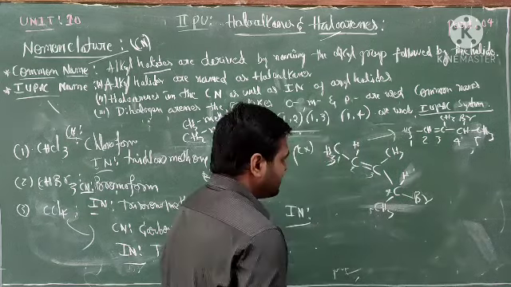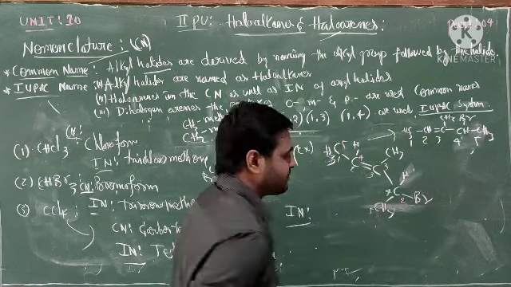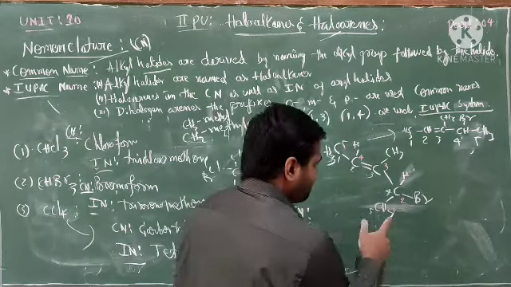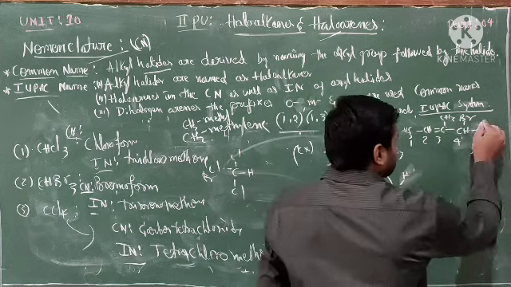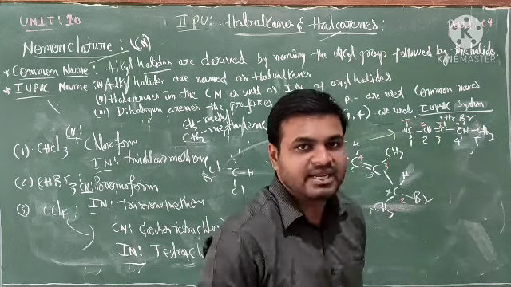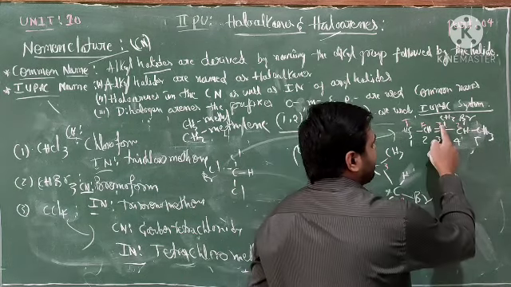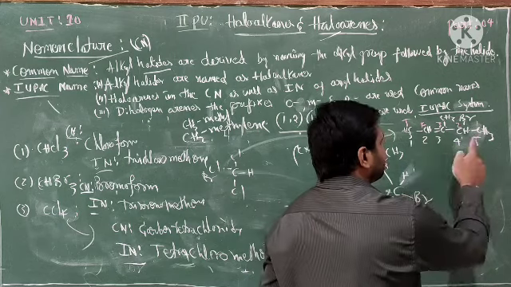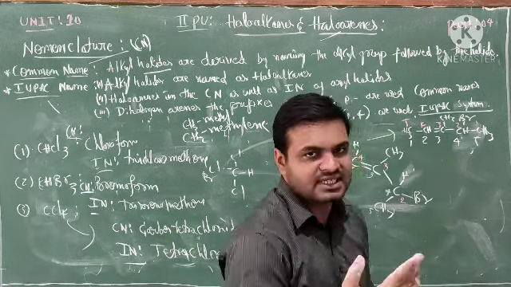Numbering this other way, 1, 2, 3, 4, 5, is the wrong way, because the double bond carbon gets number 3. But numbering left to right, the second carbon atom gets the lowest number for the double bond.